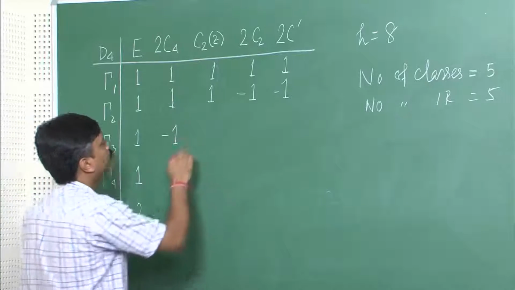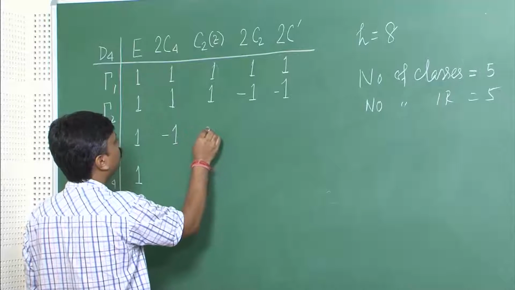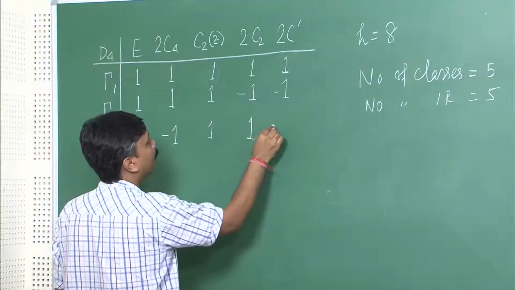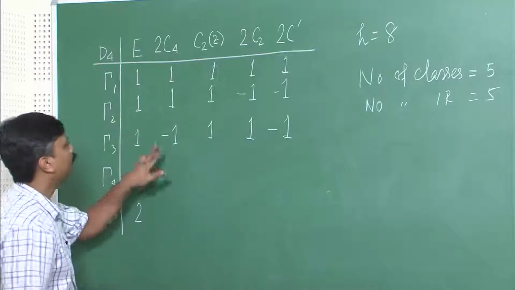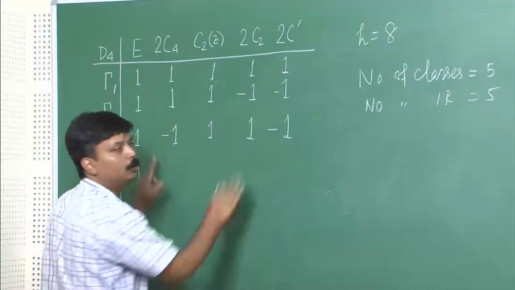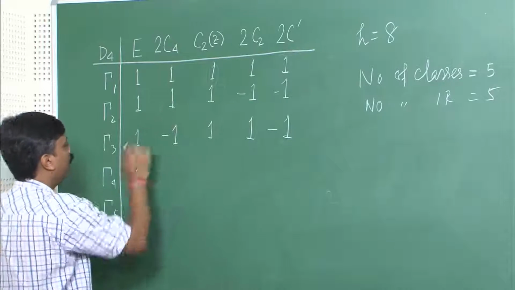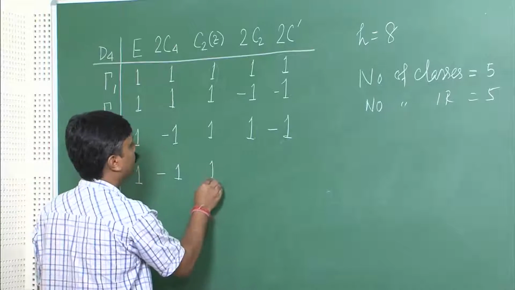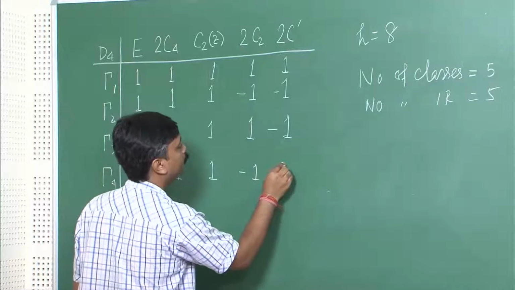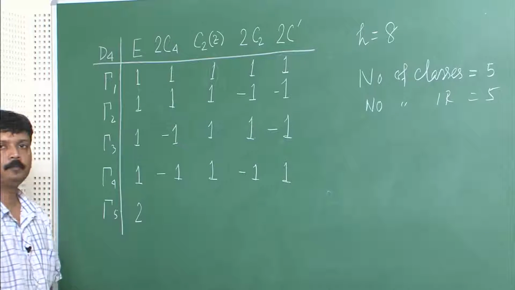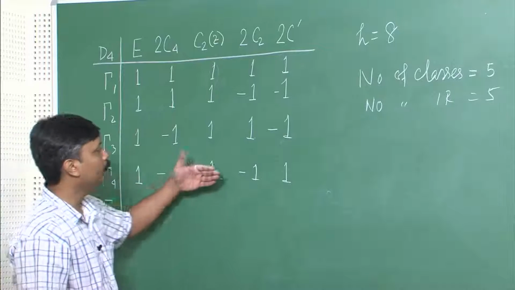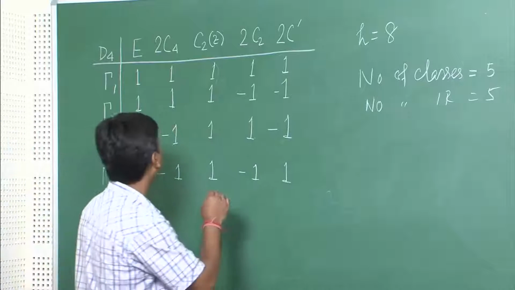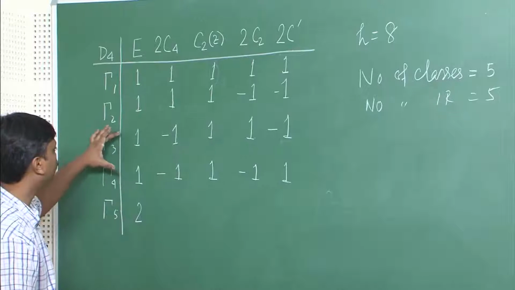Then I can keep filling. Let me do this one. I have 2 plus 2, 4 negative ones, and the other 4 are positive. Okay. Let me just interchange these two. All right. Now, if you quickly verify whether they are orthogonal or not, you can find that out. Let us say I am looking at gamma 3 and gamma 4.